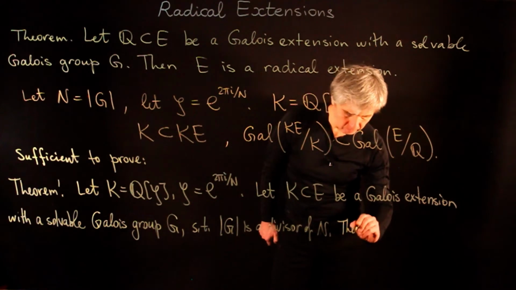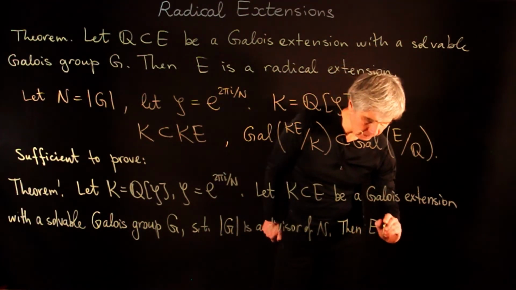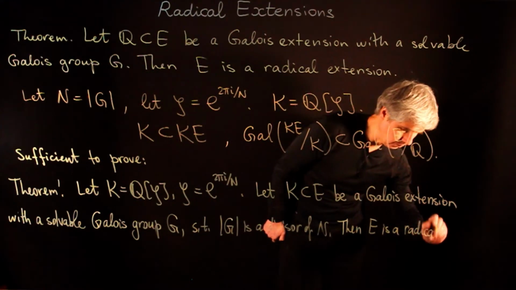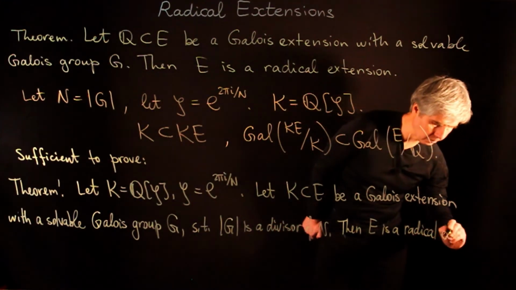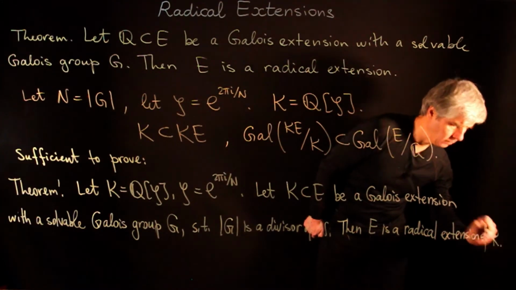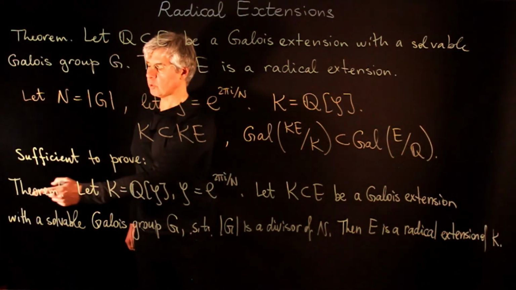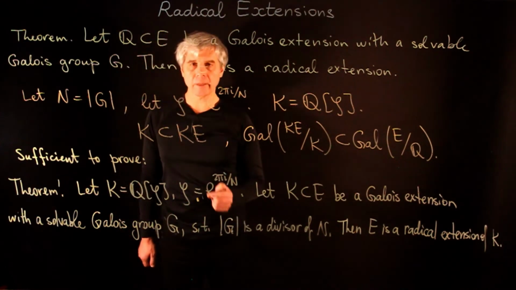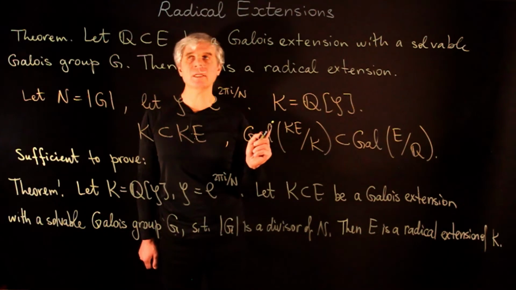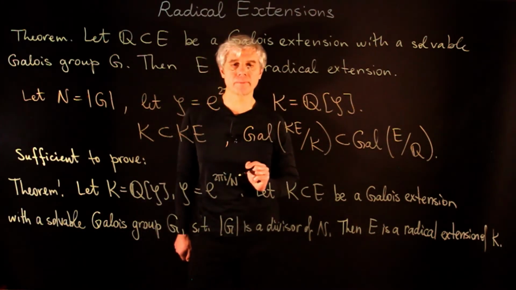Then E is a radical extension of K. Today we are going to prove the second theorem, and then applying the second theorem to the field KE, we obtain the statement of the first theorem.